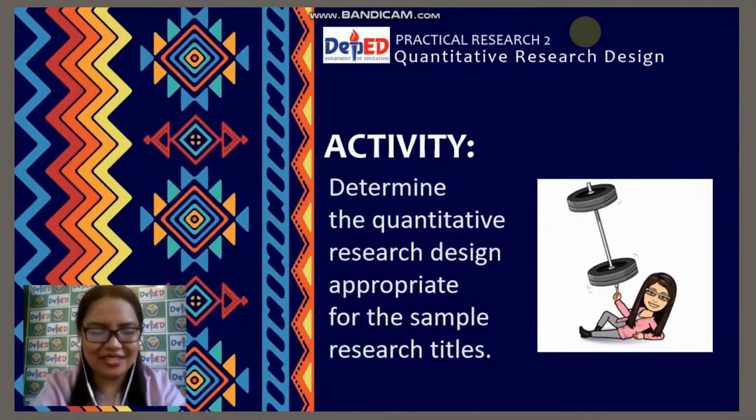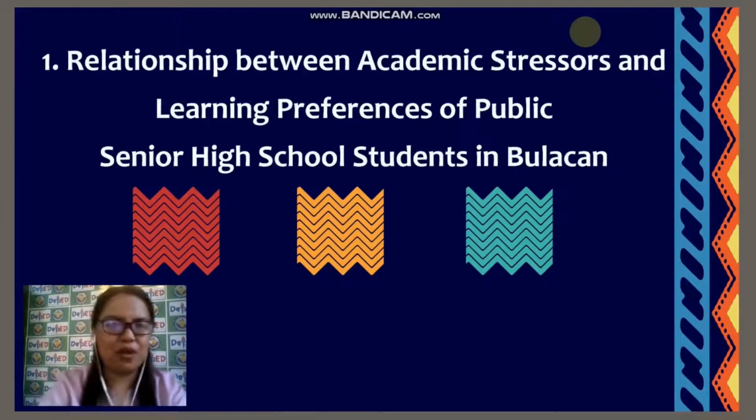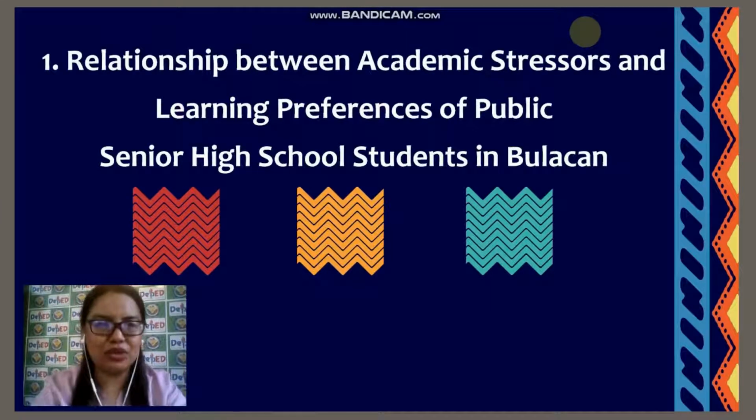Now let's test your understanding of the lesson with this activity after discussing the types of non-experimental research design. Please determine the quantitative research design appropriate for the sample research titles. Number 1, relationship between academic stressors and learning preferences of public senior high school students in Bulacan.